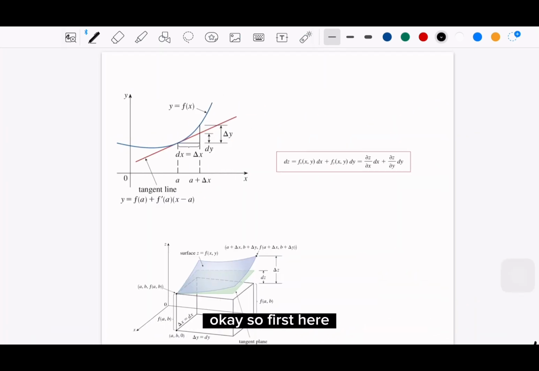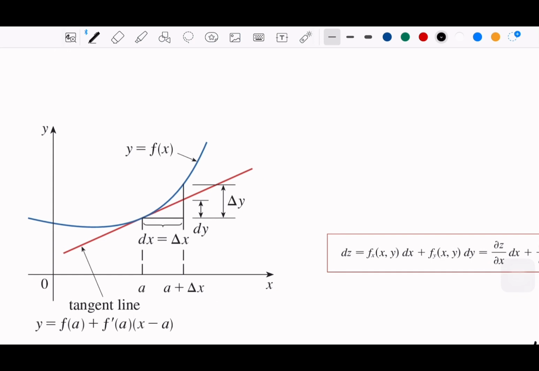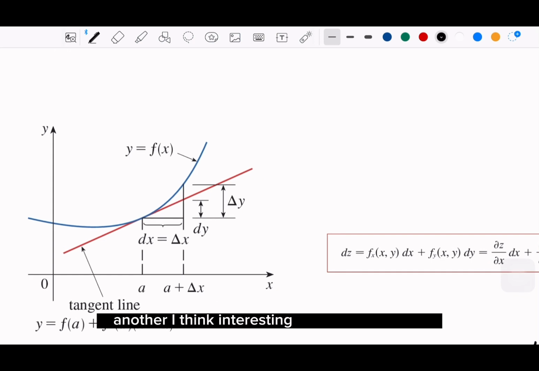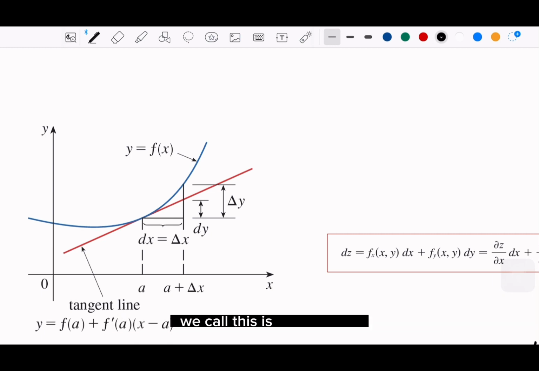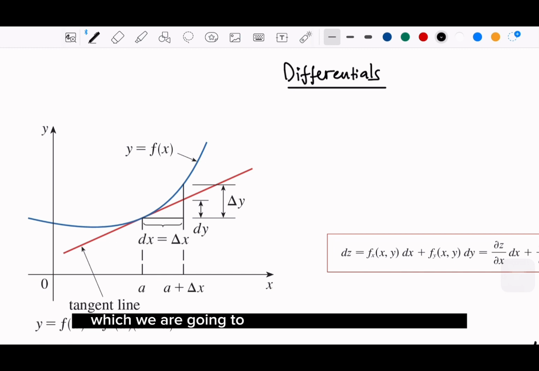Okay, so first here, after we get the linear approximations, another interesting point of view is what we call differentials, where we take some partial derivative elements and make them into some sort of equations.